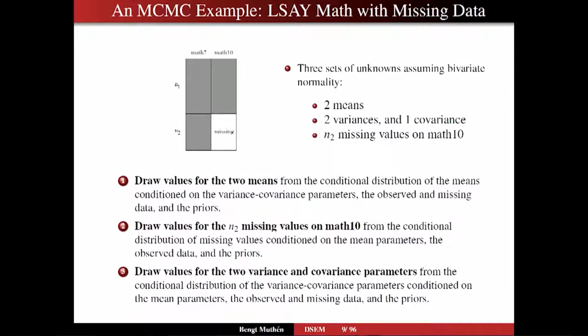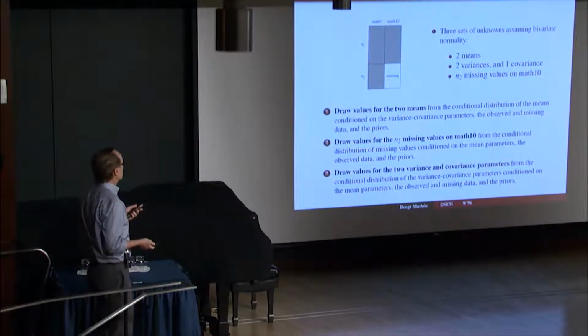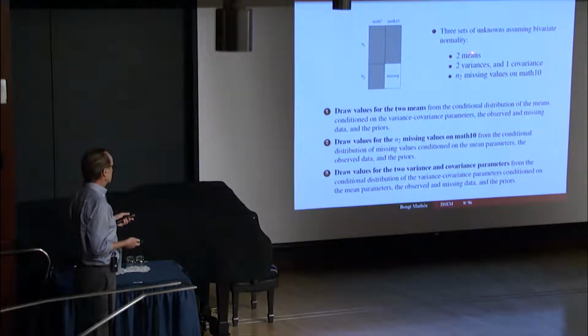Then Bayesian analysis considers three sets of unknowns: the two means, the two variances, and the covariance, where those first two bullets describe the 5 parameters of the bivariate normal, but we are going to break them up into the means and the variance covariance.